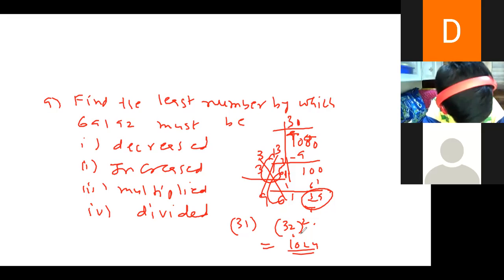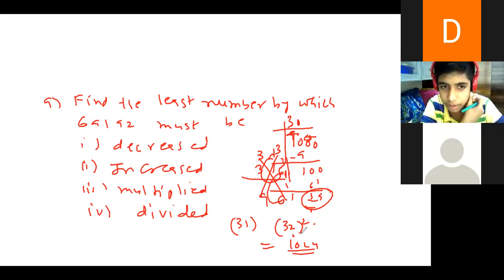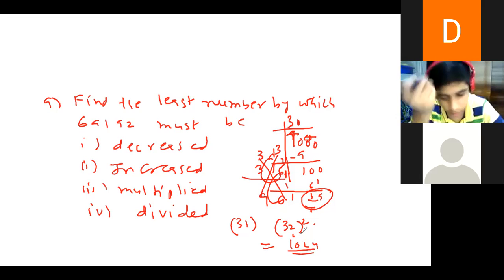Find the least number by which 69192 must be decreased, increased, multiplied, divided to get a perfect square. Sir, by this means first you have to use the division method. You have to first try whether it's a perfect square or not. Then we'll understand something.